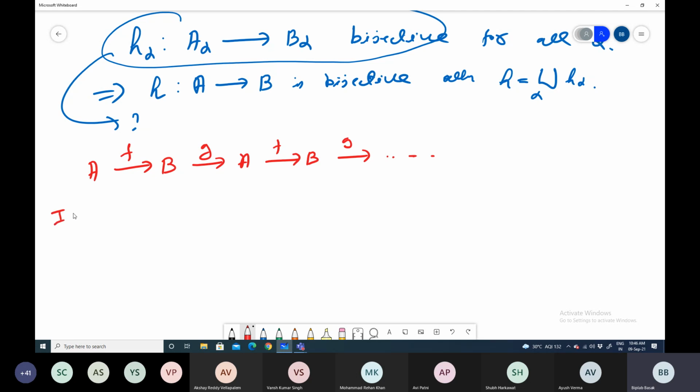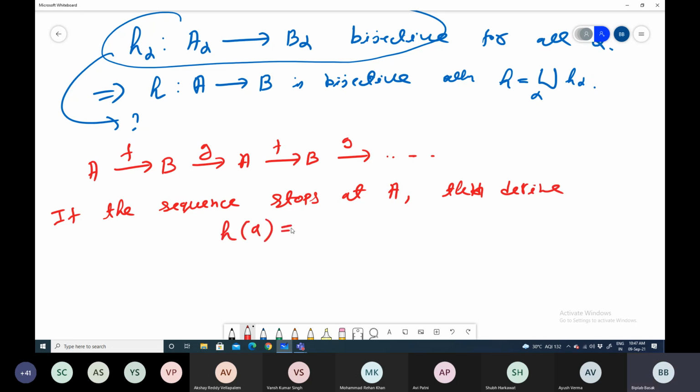Now if the sequence stops at A, then define H of A equal to F of A. So just define H equal to F. And you can see that this is a bijective function.